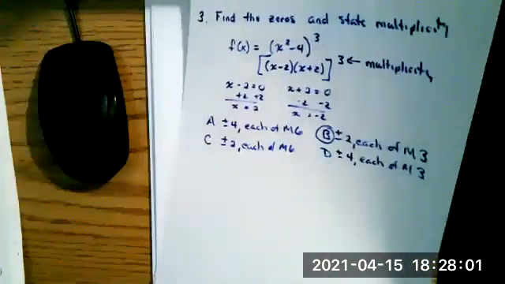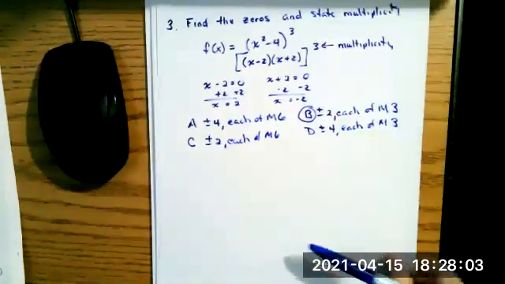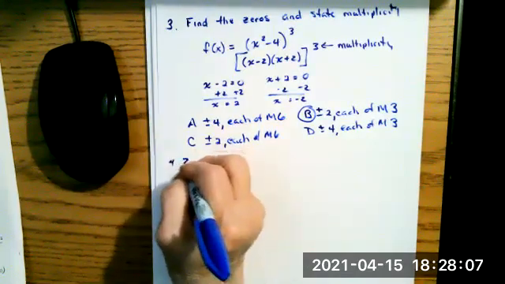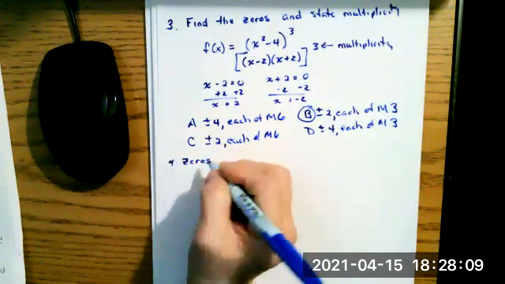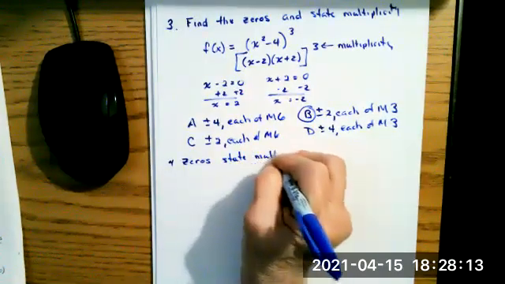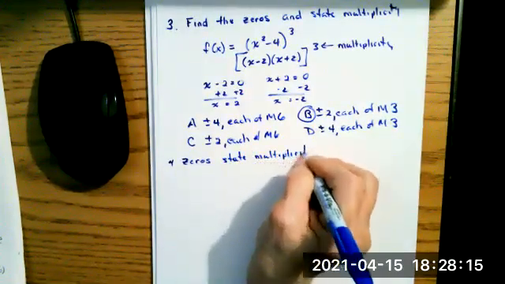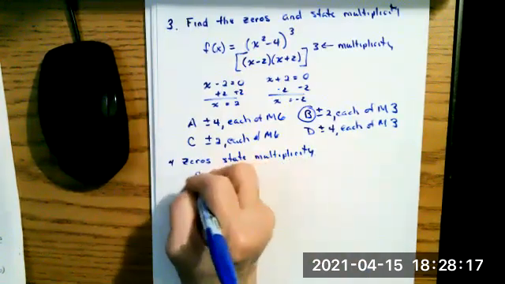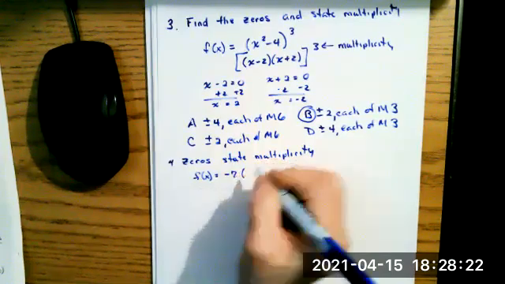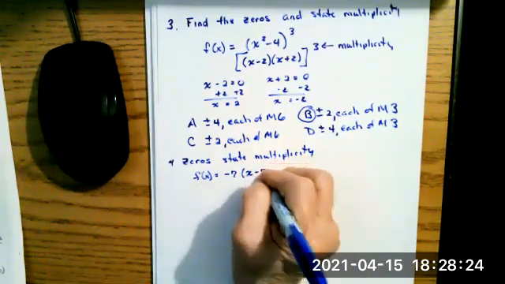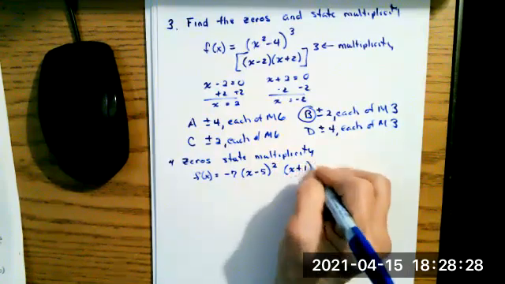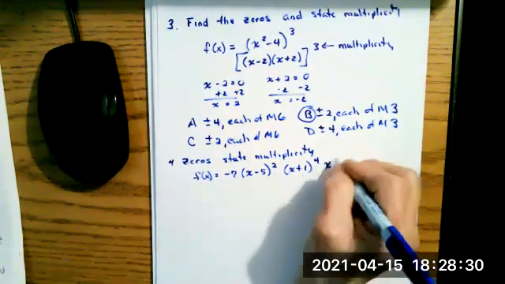The next one is number 4. It is find the zeros and state multiplicity. And they give you the function f of x equals negative 7, x minus 5 quantity squared, x plus 1 to the 4th, x to the 3rd.